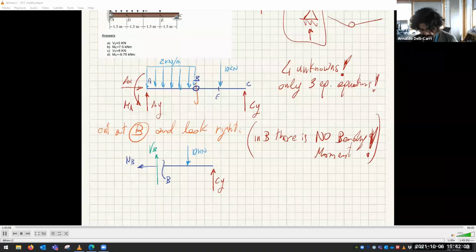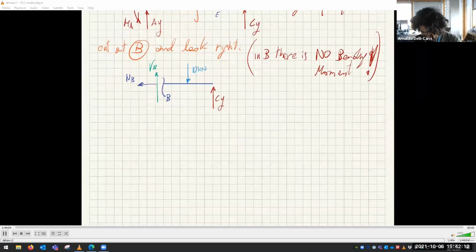And now let's have a look. If you look at this, you have three unknowns: NB, VB, and CY. But we also have three equilibrium equations. And so let's solve equilibrium.